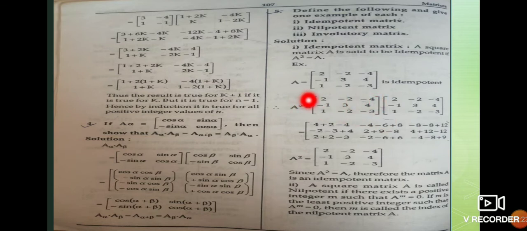Let's see the next calculation. First row second column is 2 into minus 2 is minus 4, minus 2 into 3 is minus 6, minus 4 into minus 2 is plus 8. And lastly, 2 into minus 4 is minus 8, minus 2 into 4 is minus 8, minus 4 into minus 3 is equal to 12.